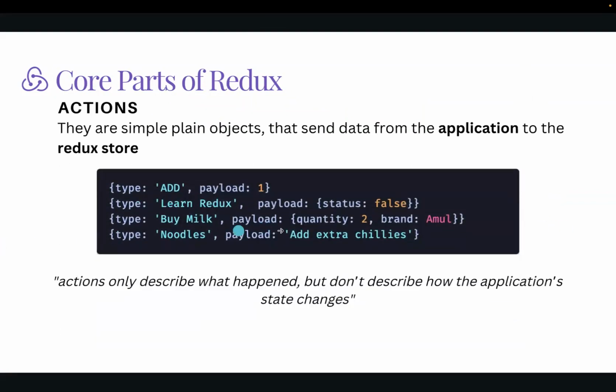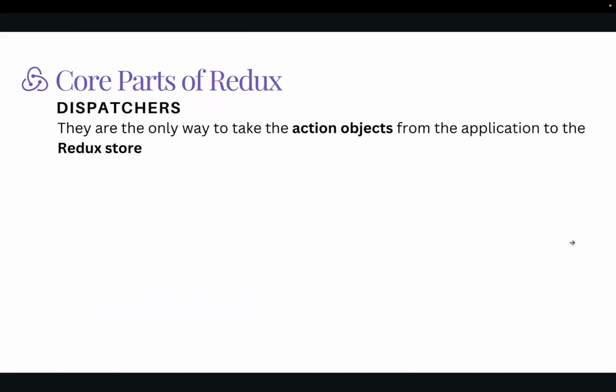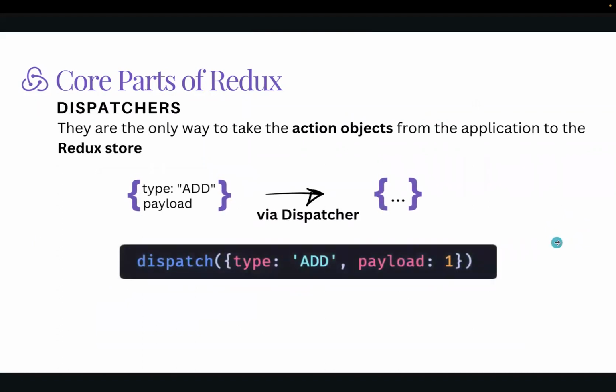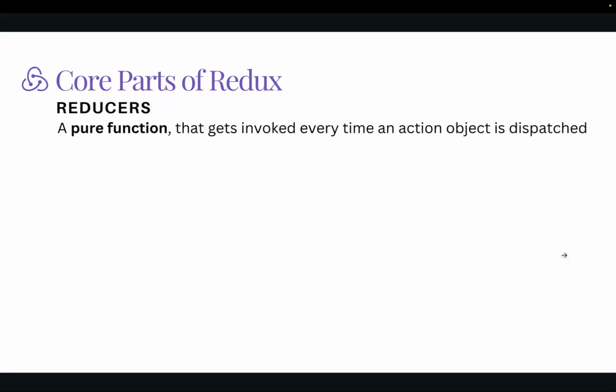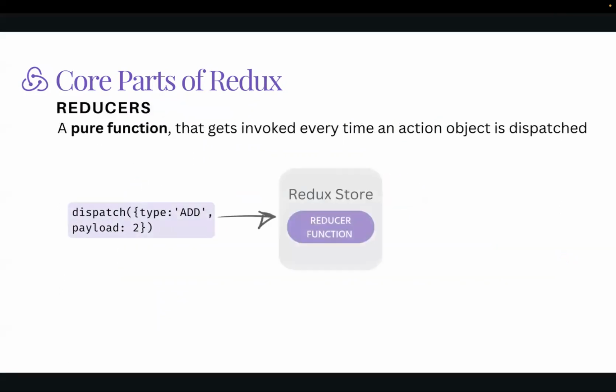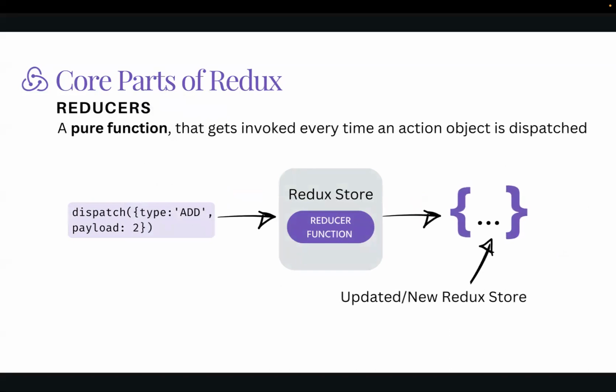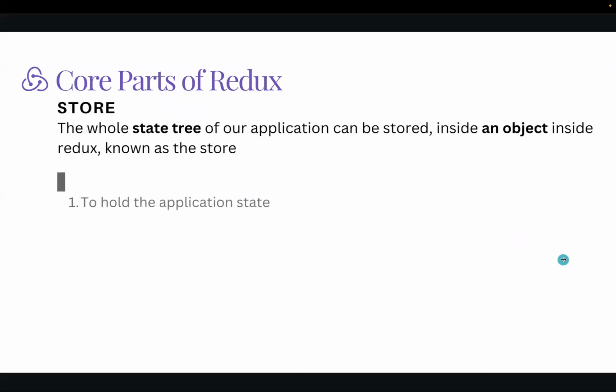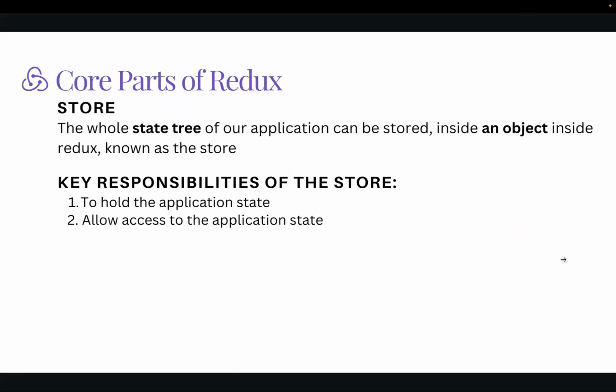Similar is the dispatcher. Everyone knows, right? This is how we dispatch things. The reducer we just created right now. The new store returns you a new store, the store that we just created.